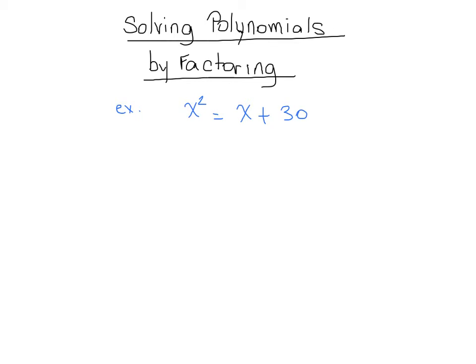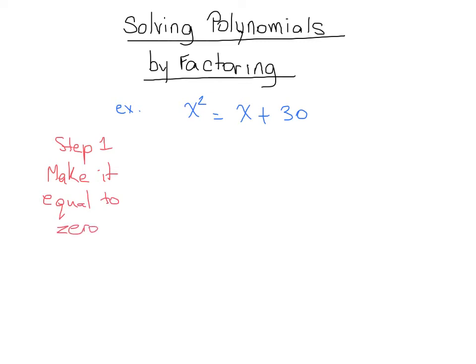So here we go. The first step I would like you to take in any quadratic or a polynomial that's similar is to make it equal to 0. So step 1, make our equation equal to 0. All right, how do we do that?